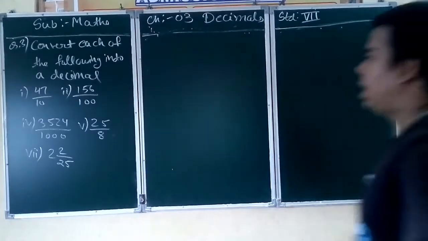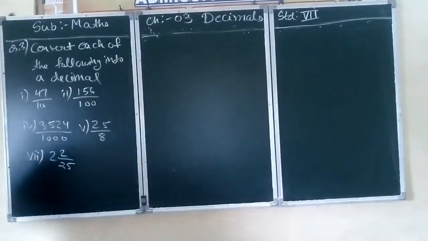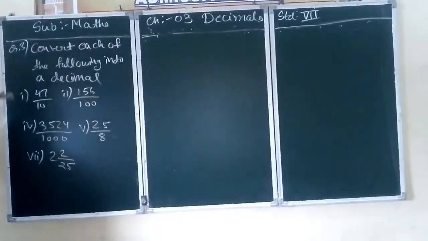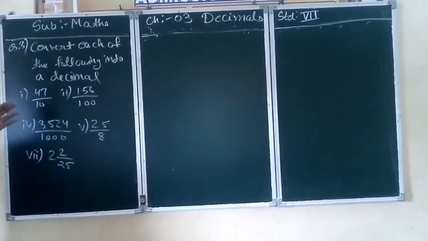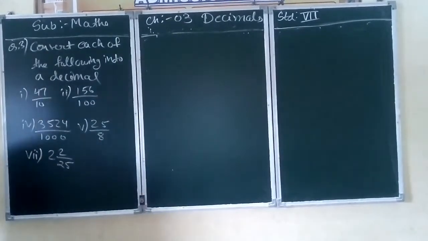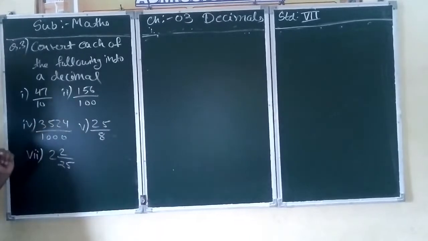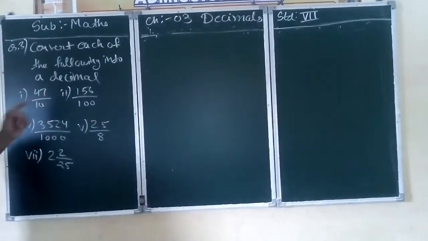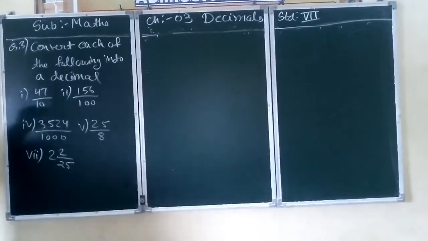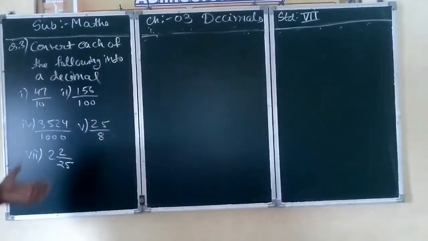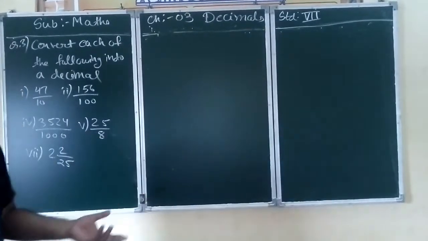Okay. So class, here we move to question number third. Convert each of the following into a decimal. 47 by 10, 156 by 100, 3524 divided by 1000, 25 by 8, 2 by 25. These numbers are in fraction form, so we convert them into decimal form.